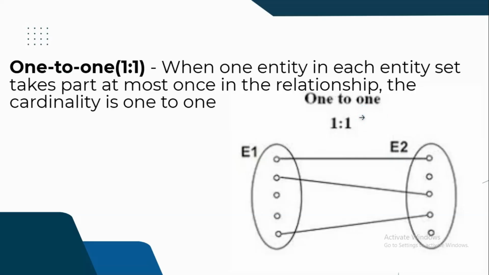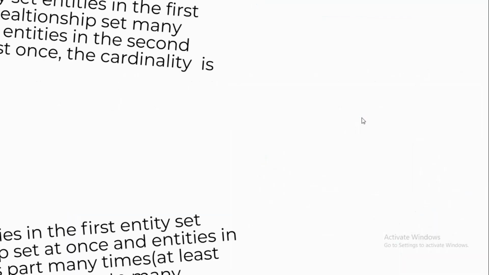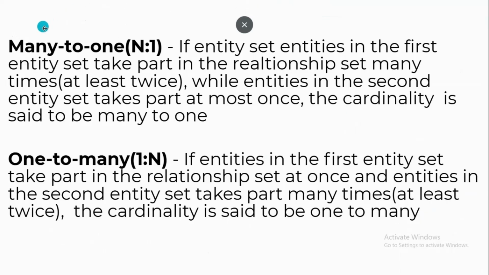Now let us look at the next type, many to one. If entities in the first entity set take part in the relationship set many times, at least twice, while entities in the second entity set take part at most once, the cardinality is said to be many to one. Let's look at the example.